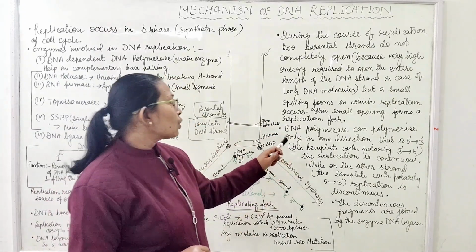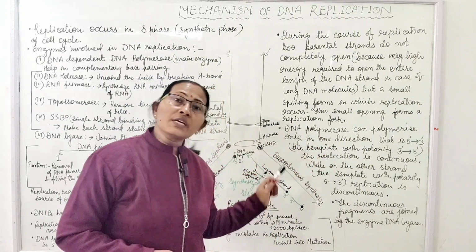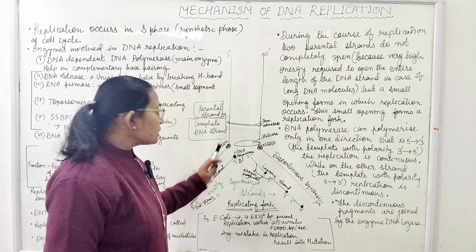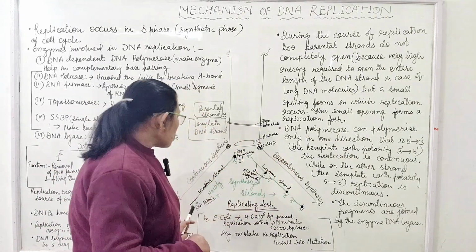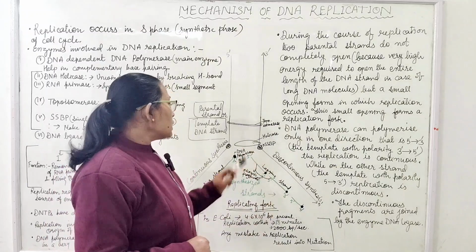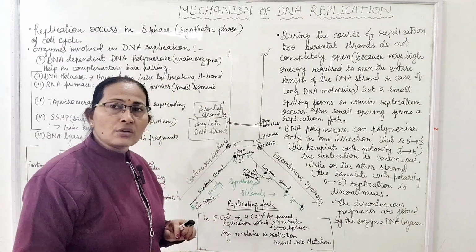DNA polymerase can polymerize only in one direction, that is 5' to 3'. So new strands are made in the 5' to 3' direction.